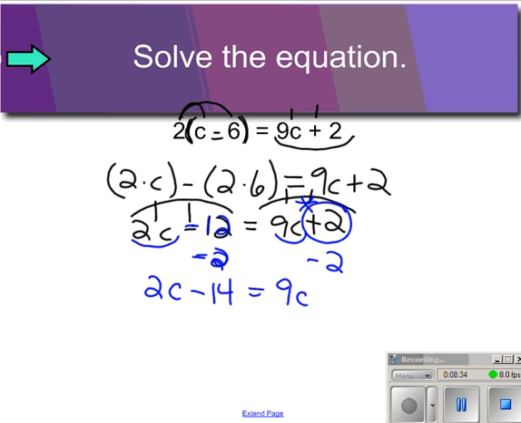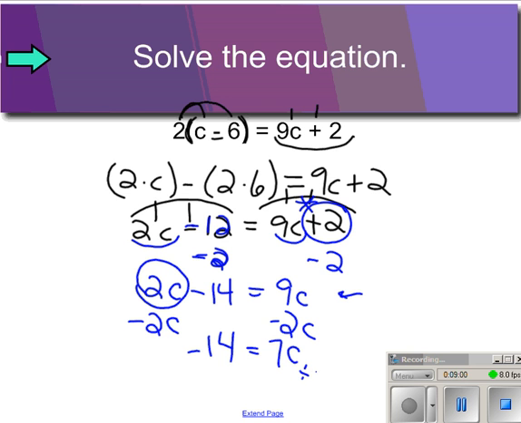So I can see here I have my variable all by itself over here, which is what I wanted to do. Now what I need to do is get rid of the variable off of this side. So I'm going to subtract a 2c from this side and subtract a 2c from that side. What I'll end up with is negative 14 equals 7c. Want to get rid of my 7? I'm going to divide by 7.